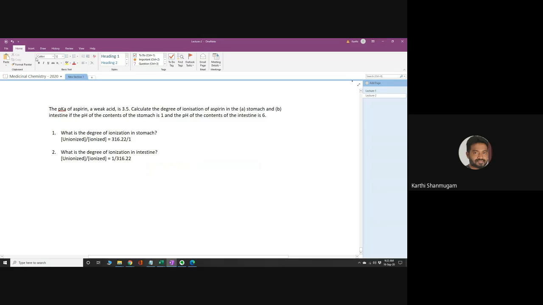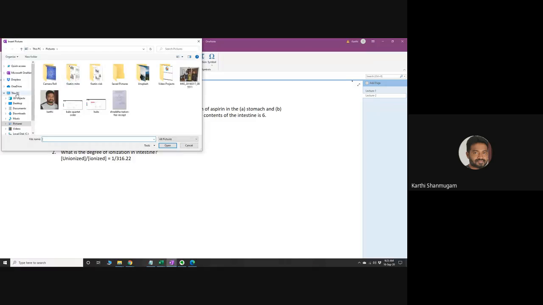I think I already have the structure of aspirin. I just insert it. Insert picture, desktop.